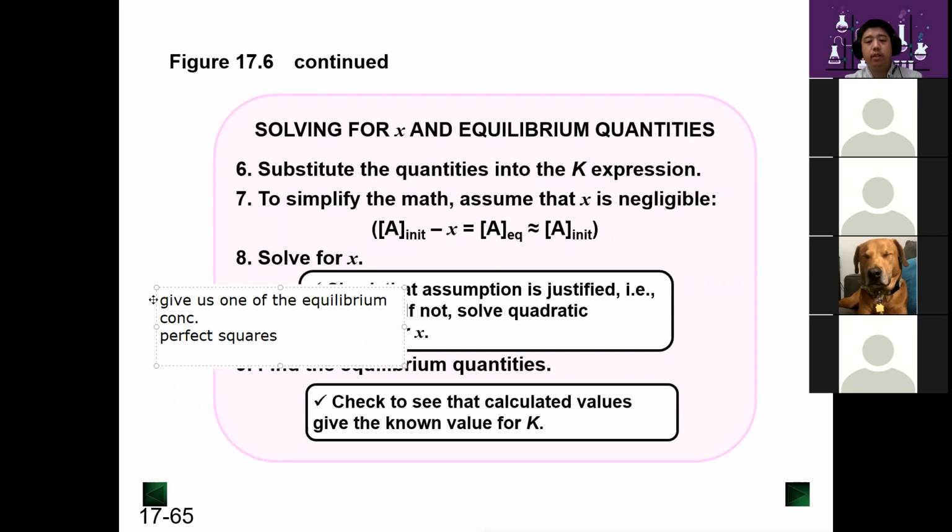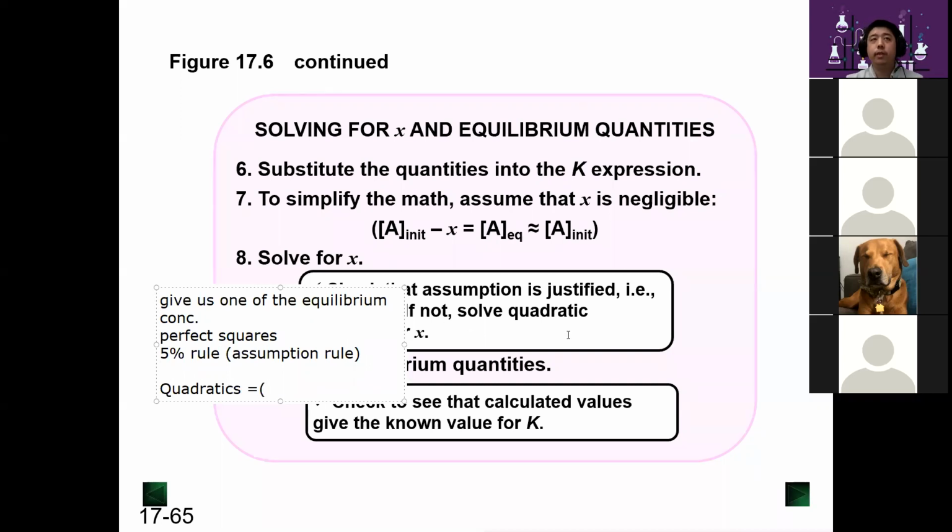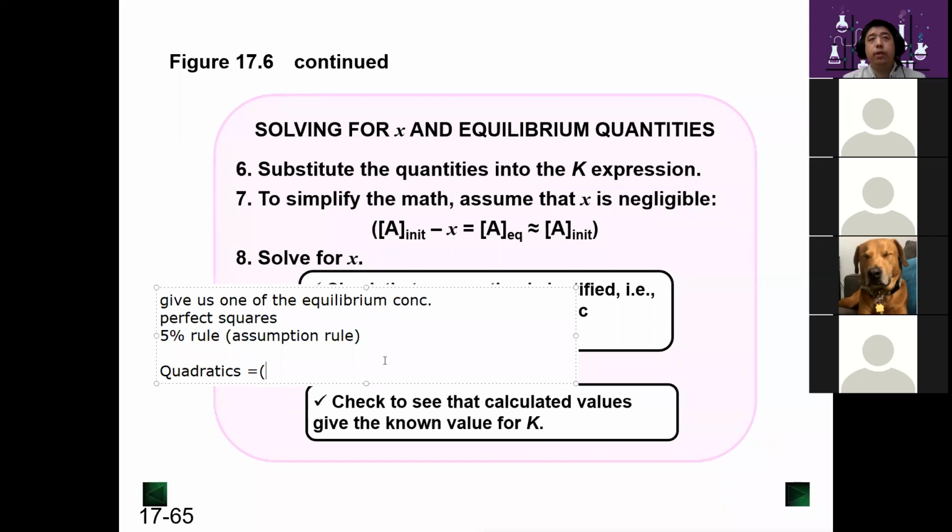If none of that works, then you apply your 5% rule, also known as your assumption rule. And then worst case scenario, if none of that works, then you need to use quadratics. This is generally the format. You have those three possibilities to avoid quadratics. If it does not exist, then you must use quadratics. Anyone have any questions up to this point?